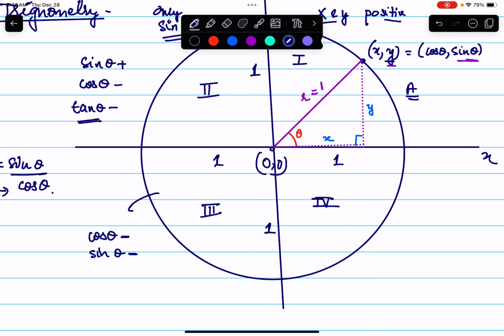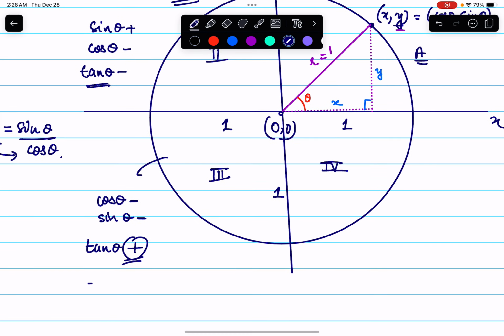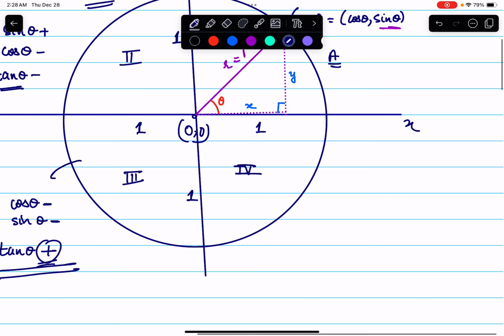And we know that if sine of theta is negative and cosine of theta is negative, then tan of theta should actually be positive. The reason is because tan of theta in this case would be negative sine of theta divided by negative cosine of theta, and then the negative and negative signs would cancel out, making it positive. All right? And so that's why in the third quadrant, only tan of theta is positive.